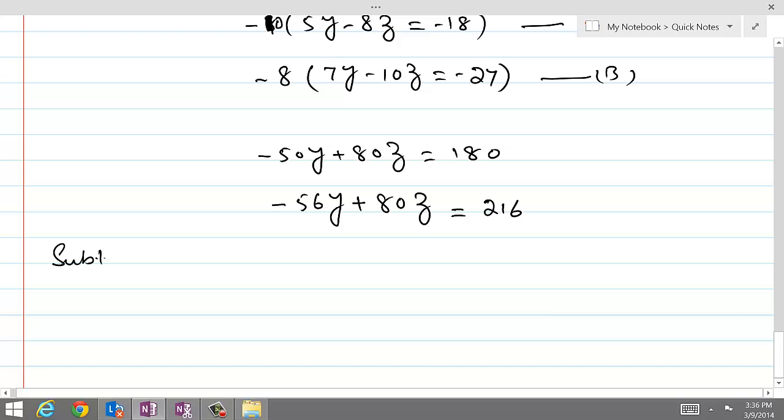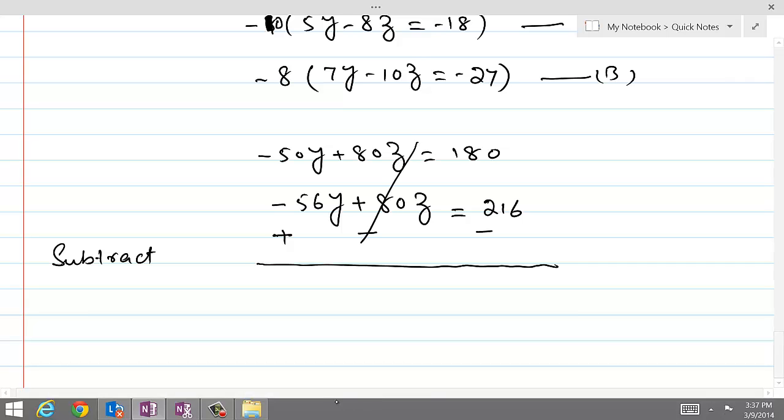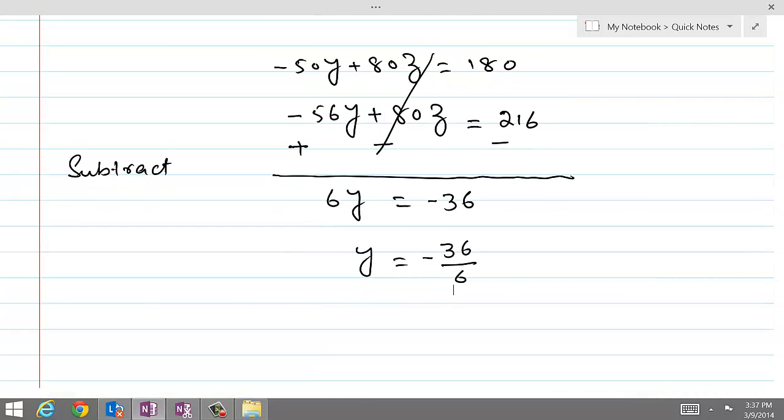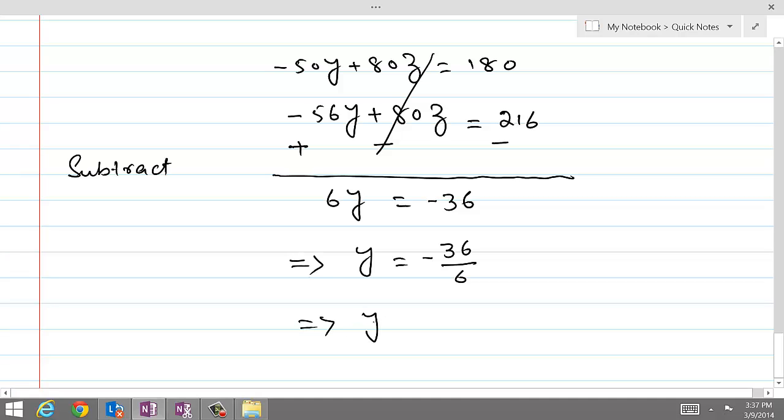We change the sign, and z will be eliminated, and this will give us 6y equal to minus 36, and that will give us y equal to minus 36 over 6. So y is equal to minus 6.